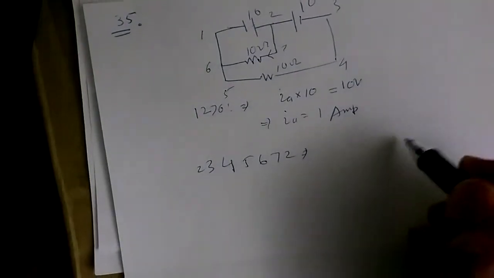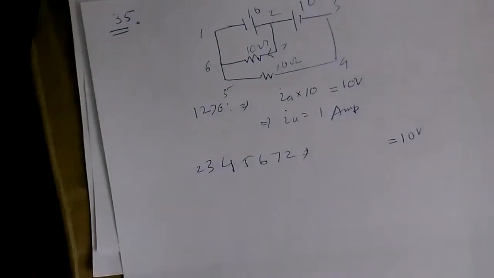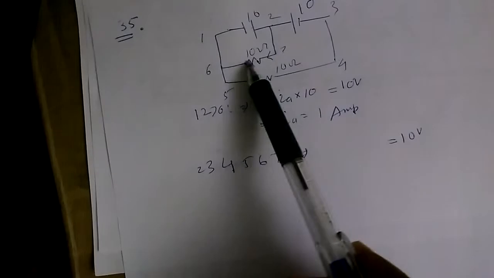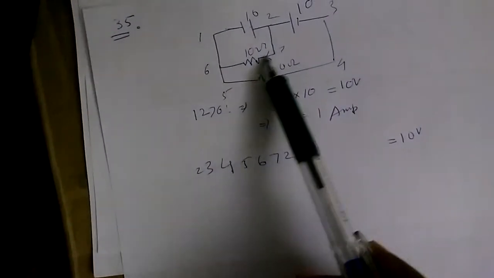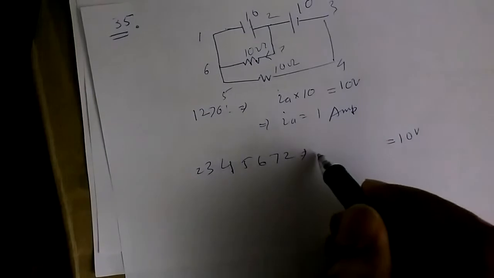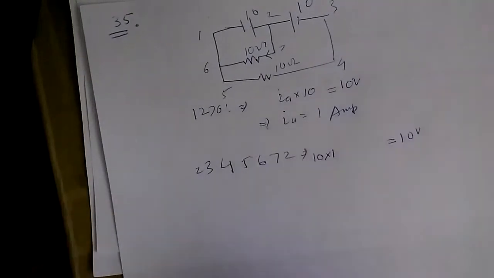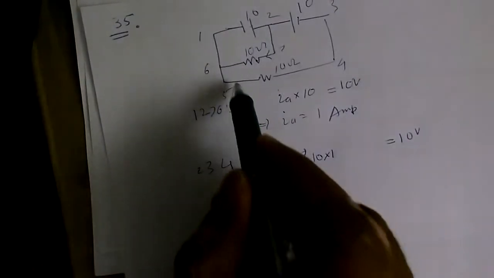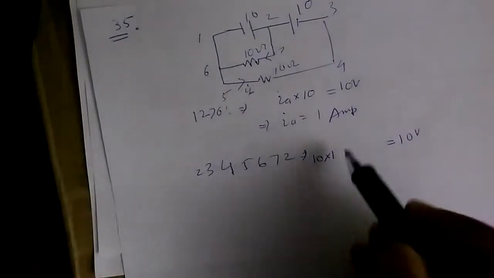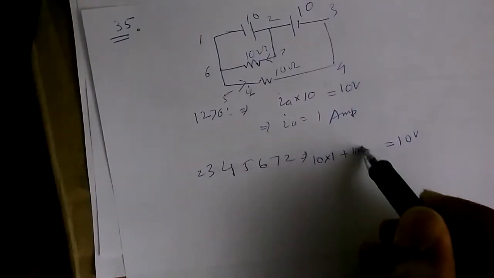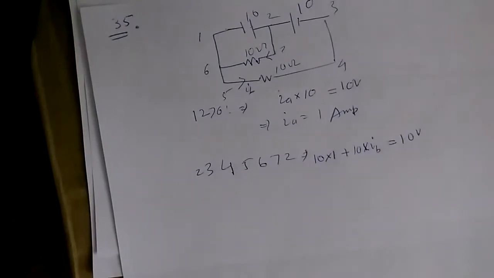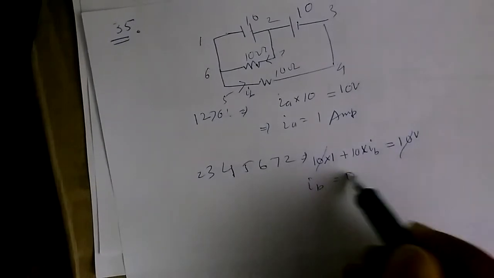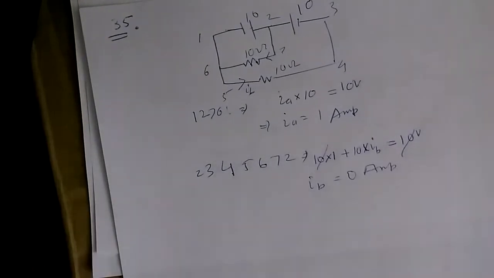So we write 10 volt here, and that will be equal to the IR drop in this resistor, that is 10 ohm multiplied by 1. And then let's say the current flows in this direction, and I call it IB, then plus 10 ohm multiplied by IB. IB is the one that we need to find out. Now 10 gets cancelled, so we get IB equal to 0 amps. There is no current flowing in this resistance.